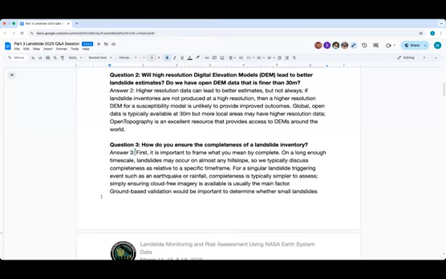A good question. So in general, you can typically say that you might be able to produce better estimates using better resolution data, but higher resolution data is not always the solution to every problem.